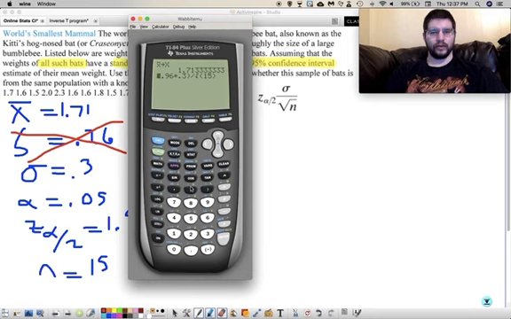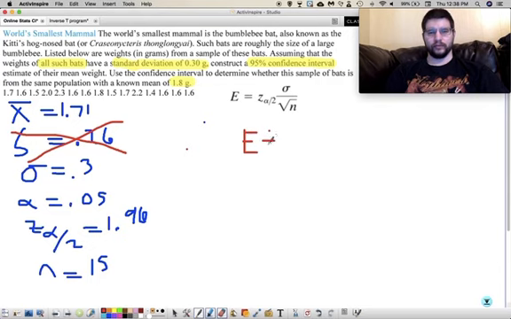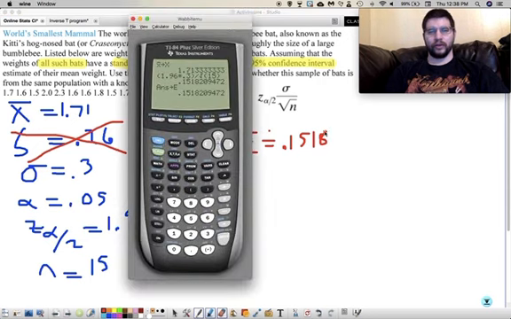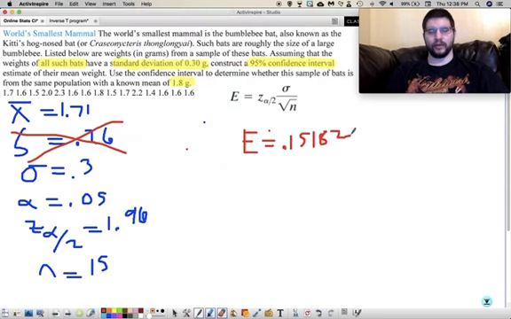Oops, that's not what I wanted. So boom, there we go. That's my error. I'll store that to E. 0.1518. I've got the whole thing stored. If you're doing this by hand, I'd suggest you stick that 2 on there as well. If you're not storing the data in the calculator, because we have 2 decimal places here, go 3 extras, you shouldn't have to worry about any kind of rounding issues.